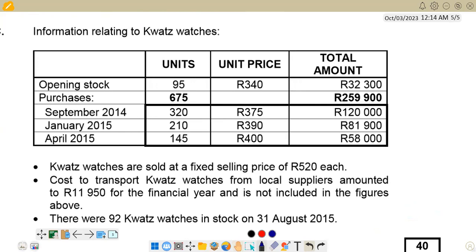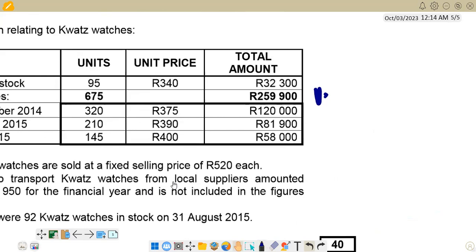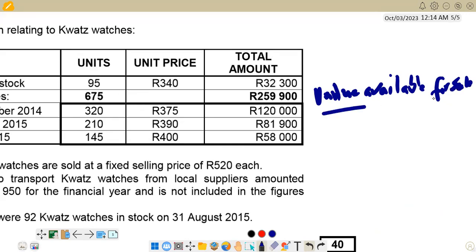We say value available for sale over number of units available for sale.